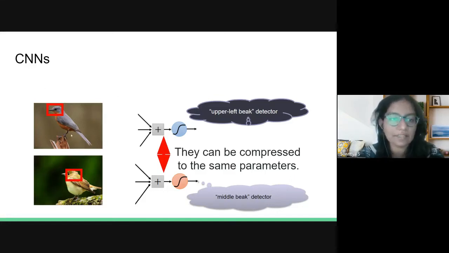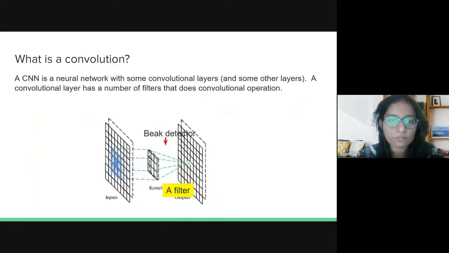So this is the idea of convolutional neural networks, that we leverage this information that is occurring on different parts of your input. So what is convolution? It has a number of filters that does a convolutional operation. So convolution is basically a set of matrix operations that condenses the matrix. So we will be seeing how that happens.